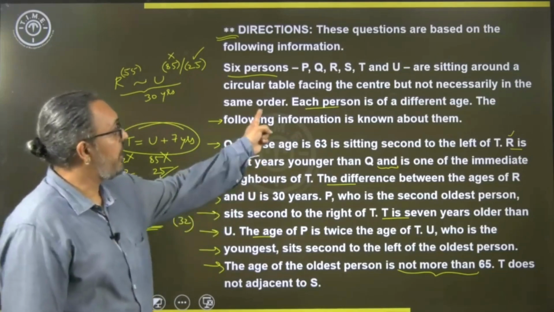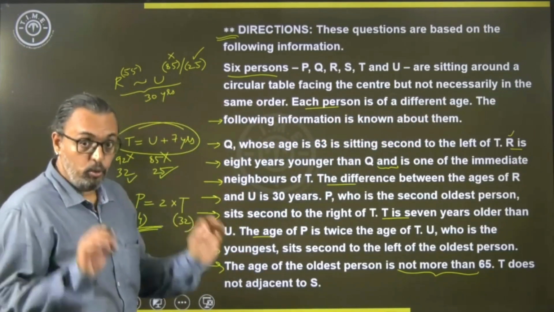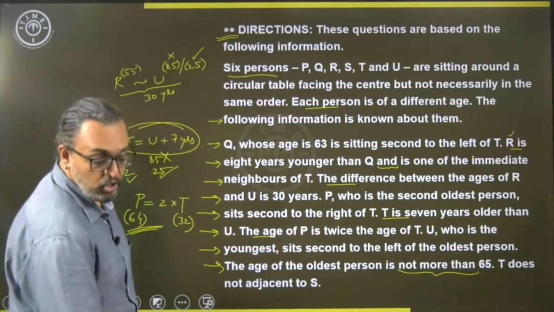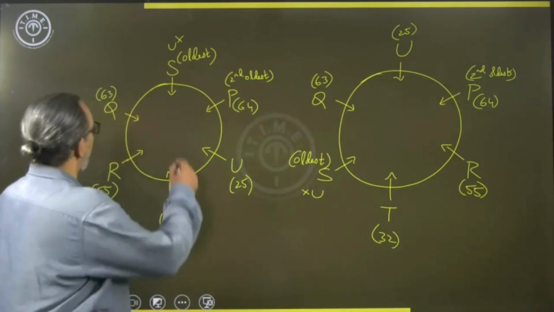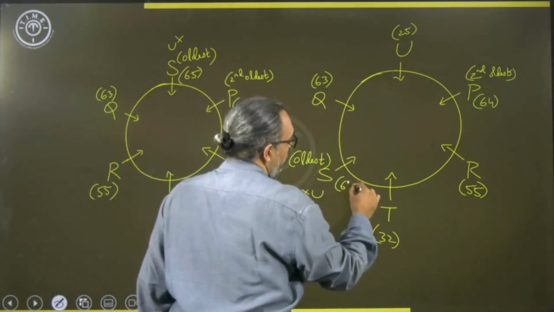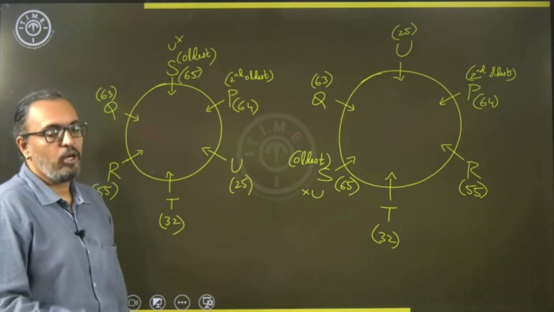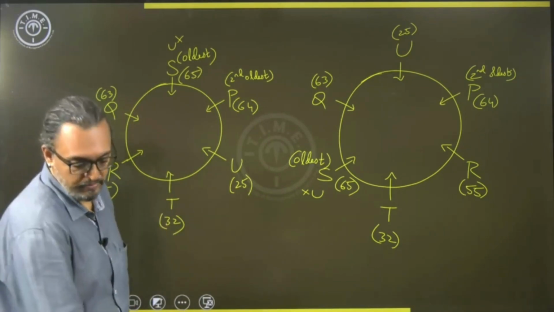Then no two persons are of the same age, because he said each person is of a different age. So, the only number you can take when he says not more than 65 is 65 only, because not more than means what? Less than or equal to, correct? So, less than cannot happen in this case, only equal.